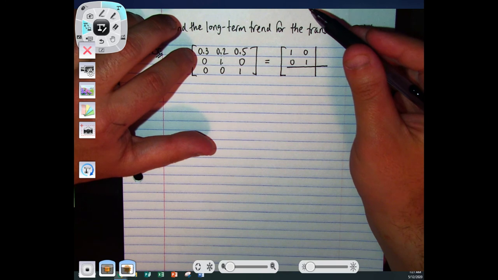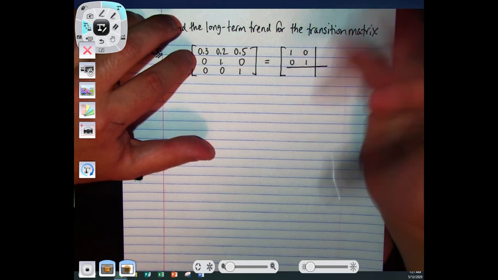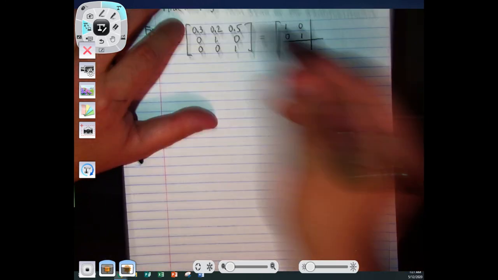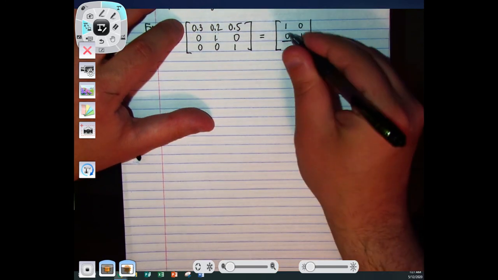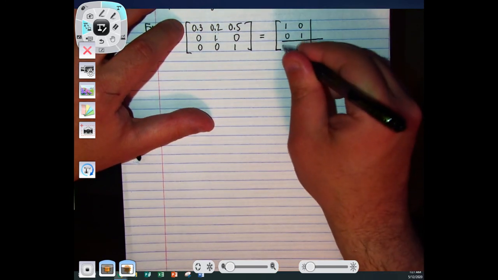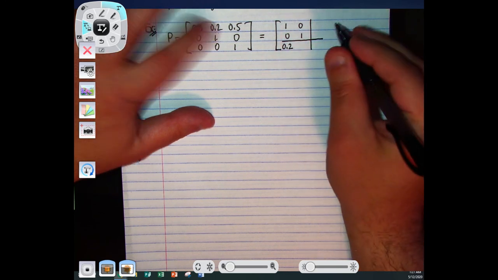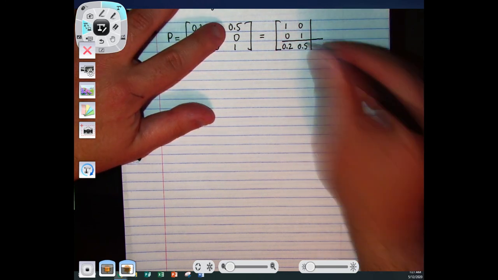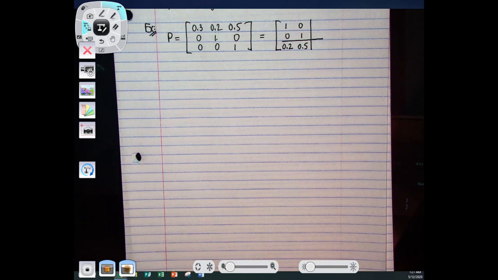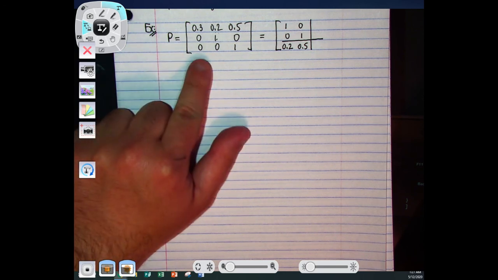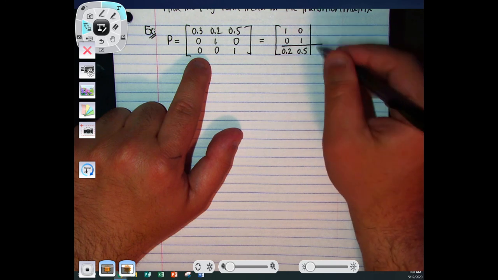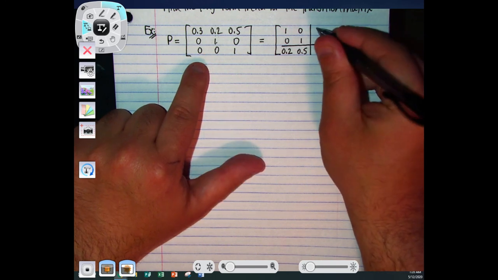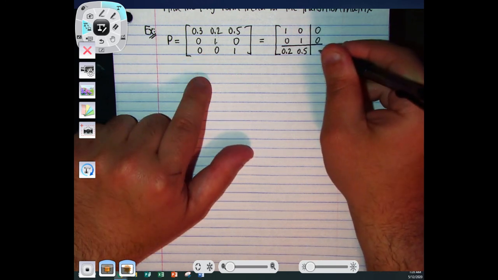So then now, because I shifted this row over, the 0.2 is going to come down here, and the 0.5 is going to come down here. And then this first column gets shifted and moved over here, so it'd be 0, 0, and then 0.3.